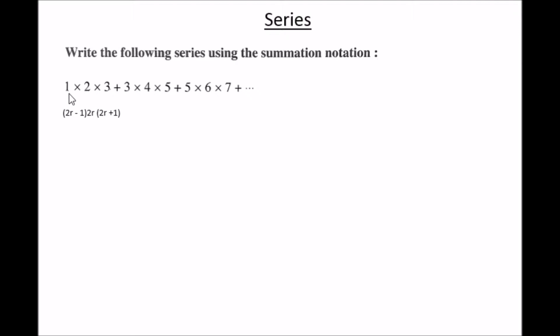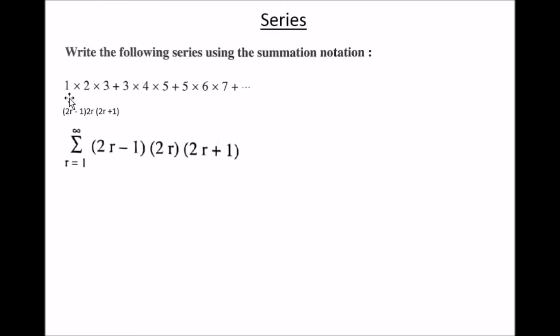Let's compare the first number of each term by the middle number. 1 equals 2 minus 1. And here it's 3, 3 equals 4 minus 1. And here we have 5, and 5 equals 6 minus 1. We can say that the first number of each term equals the middle number minus 1. The middle number is 2r, so let's say 2r minus 1 for the first number of each term.